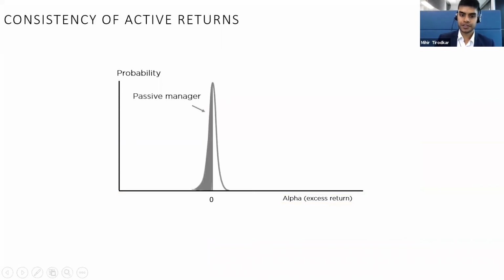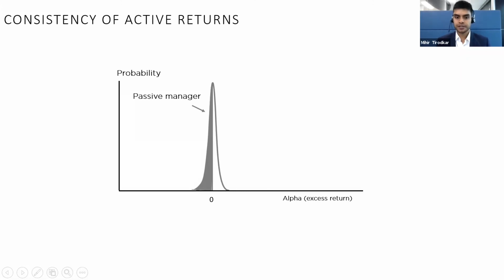Now, just to give an illustration of single versus multi versus passive managers, here is a distribution of the returns in alpha space, meaning relative to a benchmark, that passive, single, and multi managers are expected to achieve.